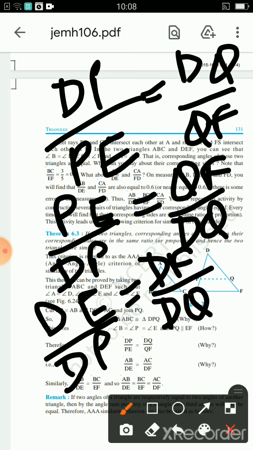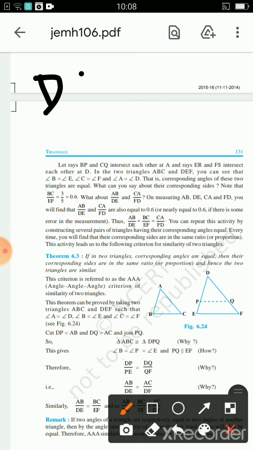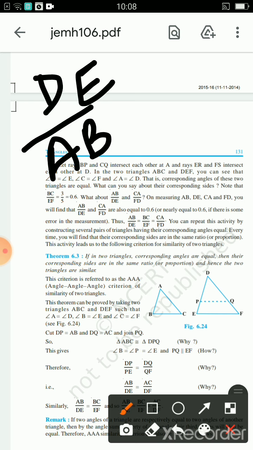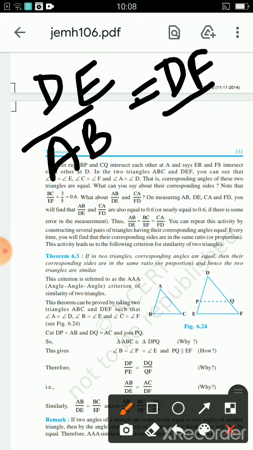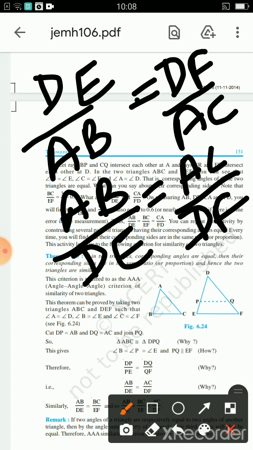By construction we already know that DP was equal to AB and DQ was equal to AC. So what you can write? You can write DE upon AB is equal to DF upon AC. This is what you got. Again on reciprocating you can write AB upon DE is equal to AC upon DF.